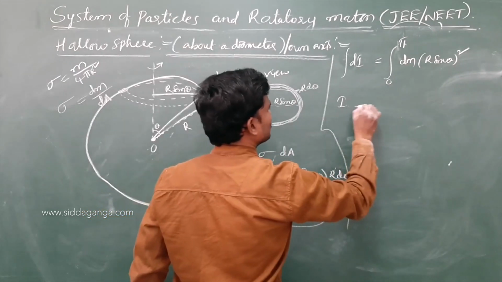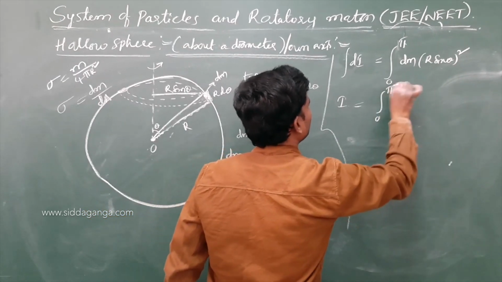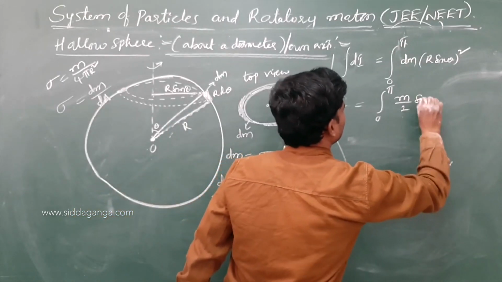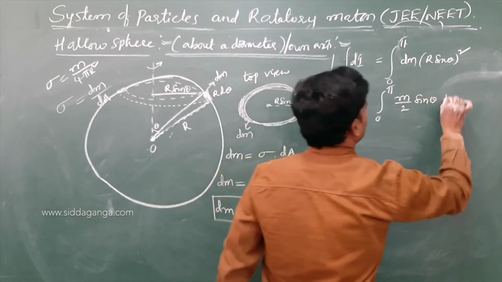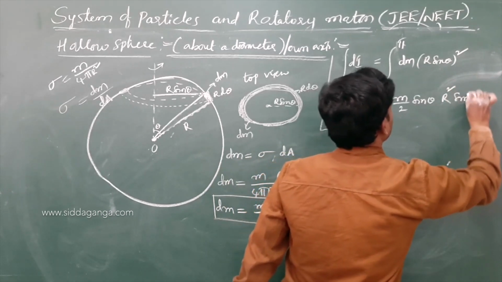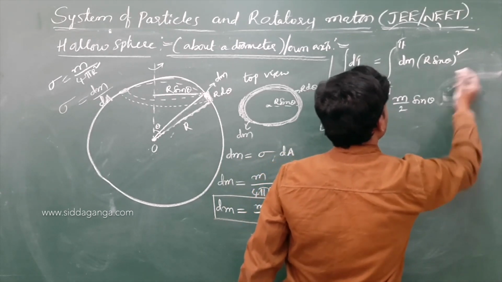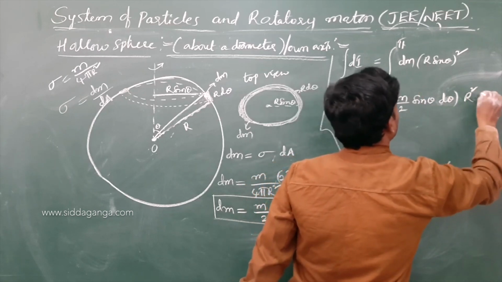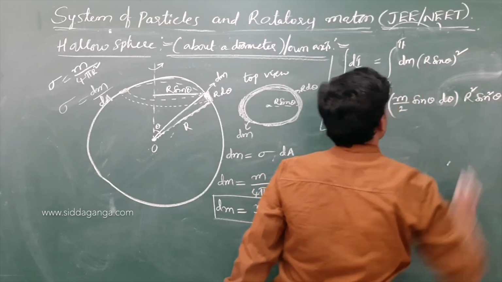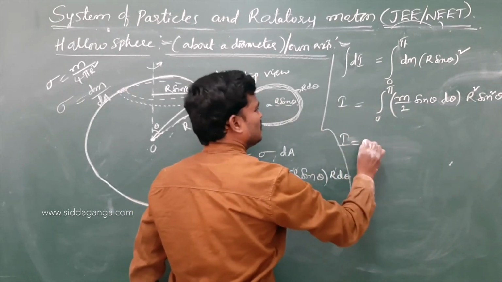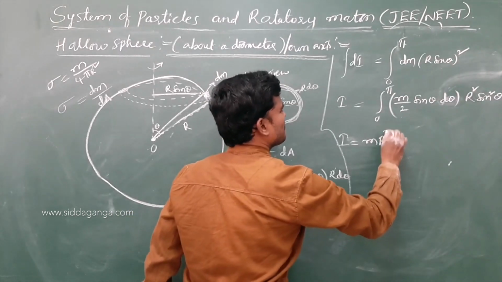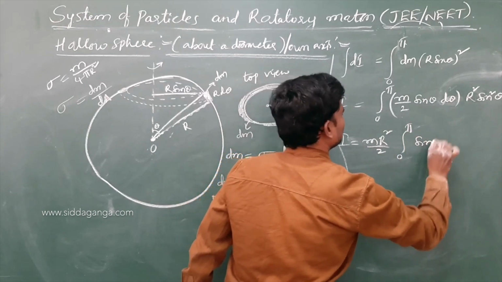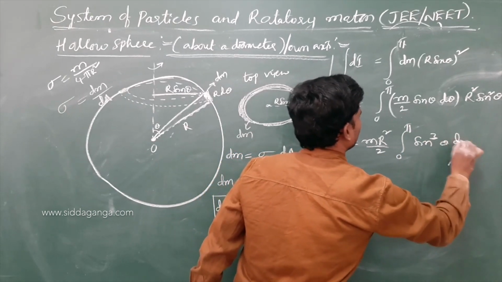So I is equal to integral from 0 to pi of dm, which is M by 2 sin theta d theta, into R square sin square theta. So M R square by 2 integral 0 to pi sin cube theta d theta.